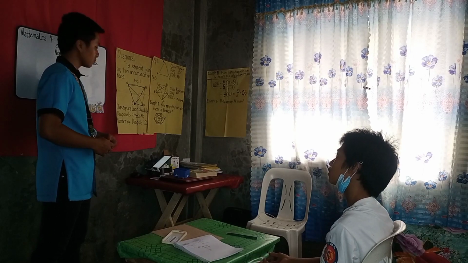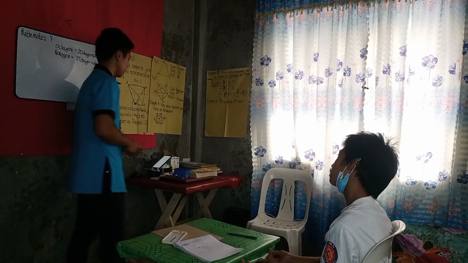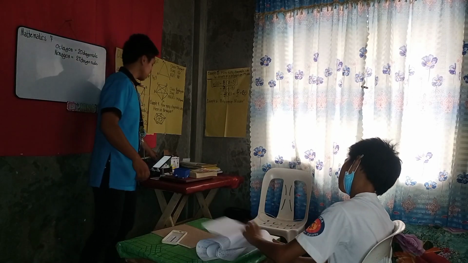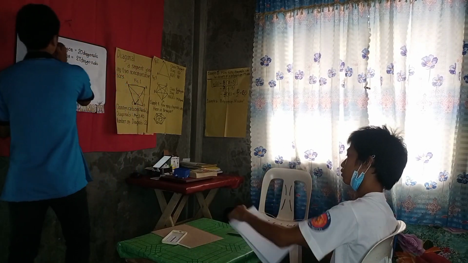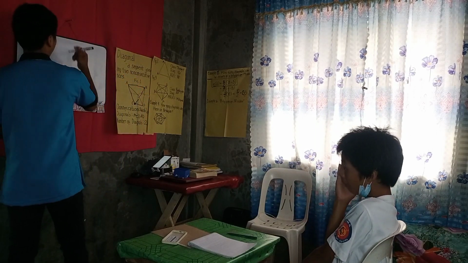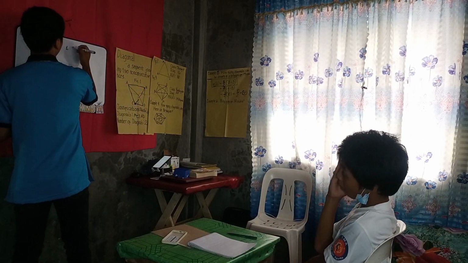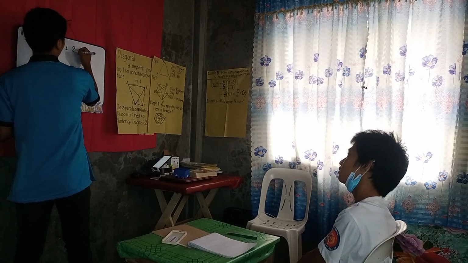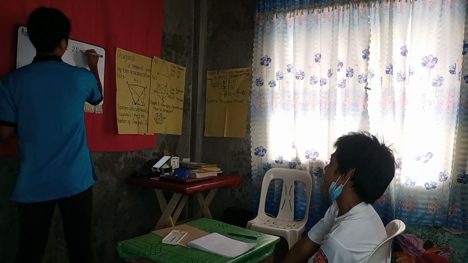None, sir. So, if there is no more question, then bring out one more sheet of paper for your quiz. For your quiz, find the number of diagonals of this polygon.